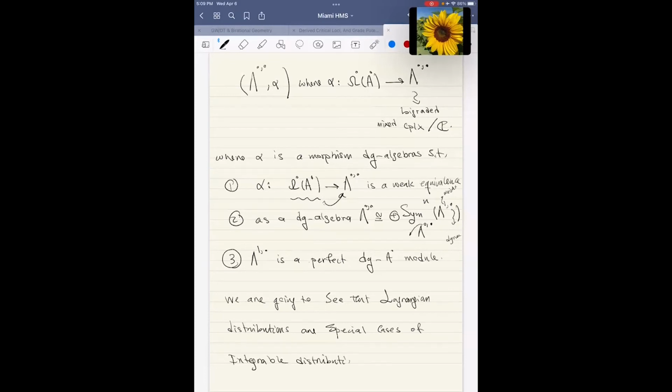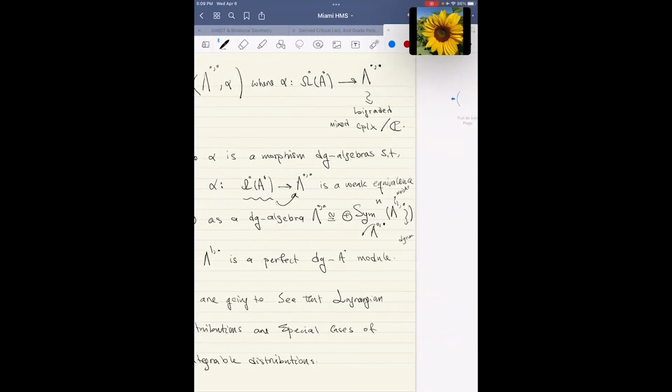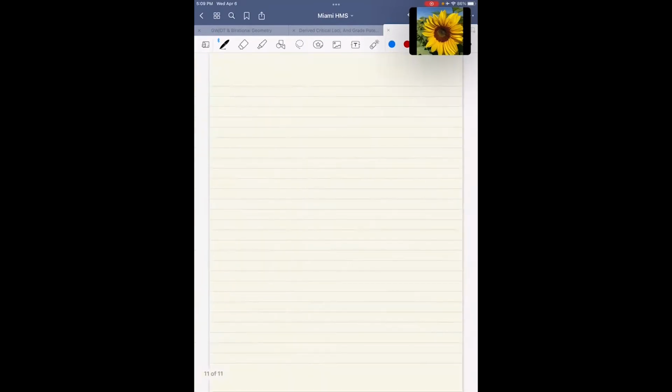Okay, so in order to define Lagrangian distributions over the whole derived moduli stack, I need to study integrable distributions.